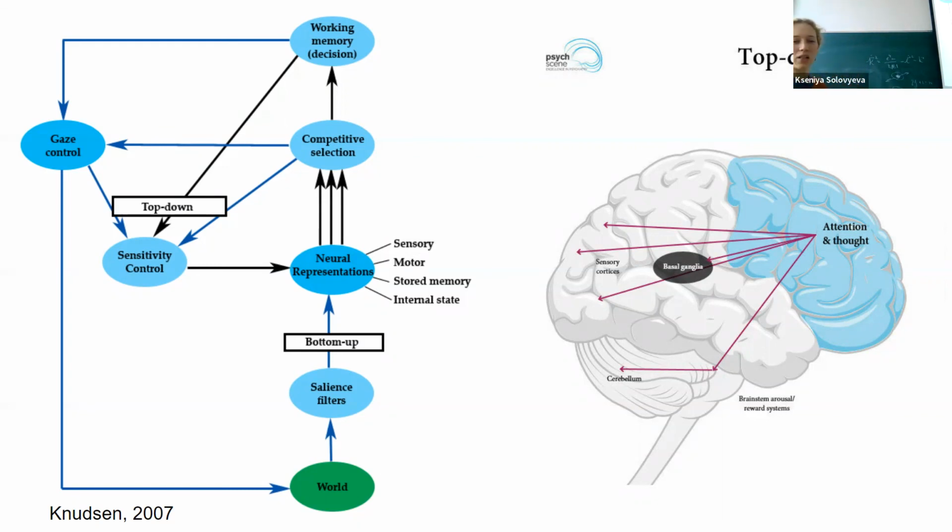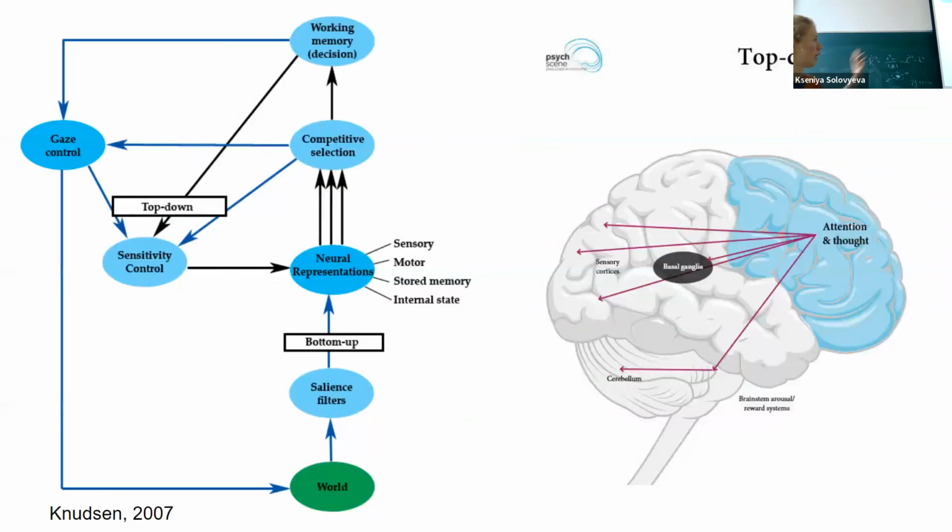Yeah, and there is another type of attention: bottom-up attention. So some stimuli are more salient, more important for us in general. So when we haven't got any goals, they are still highlighted because they're connected with our life.